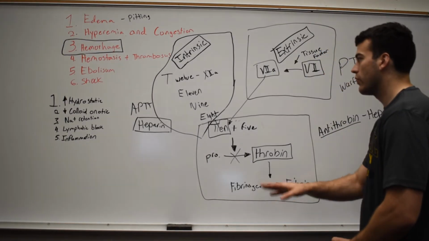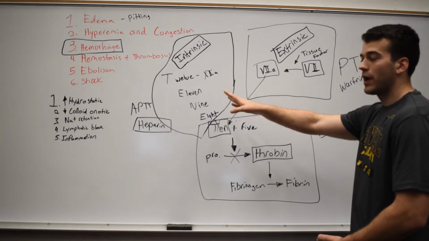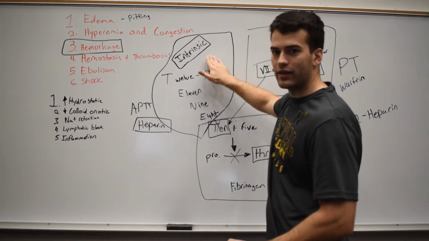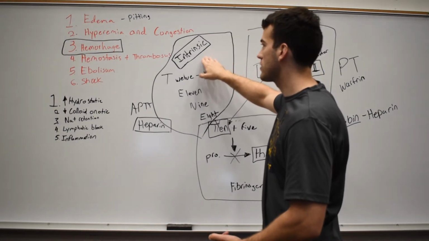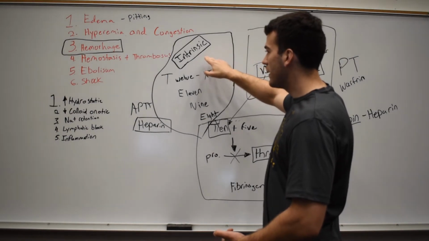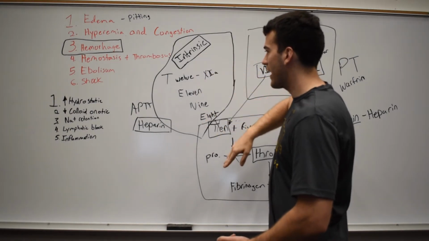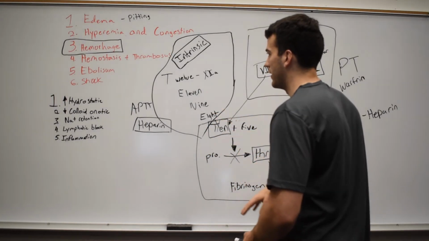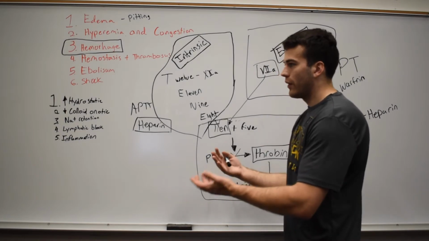And if we measure only this pathway by providing some type of intrinsic signal, in this case, like in the lab, like glass beads or a negatively charged ion, we can measure heparin's effect on the time it takes to clot a sample of blood. So why would that be useful?